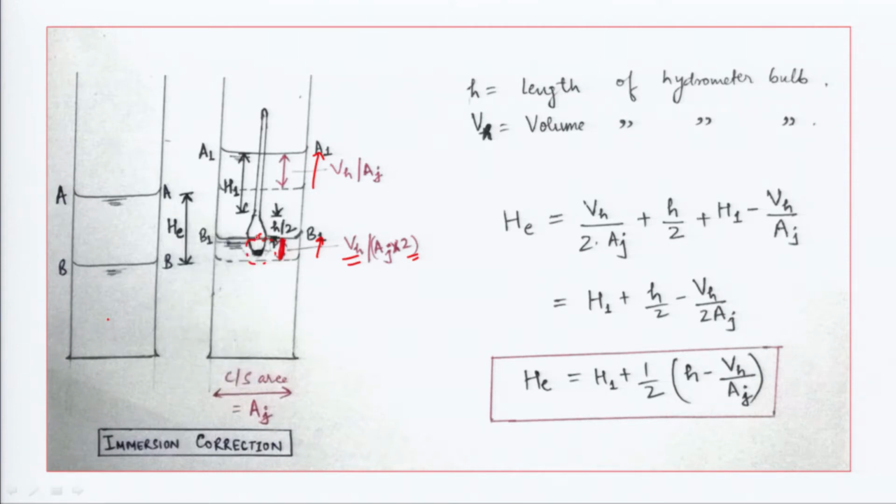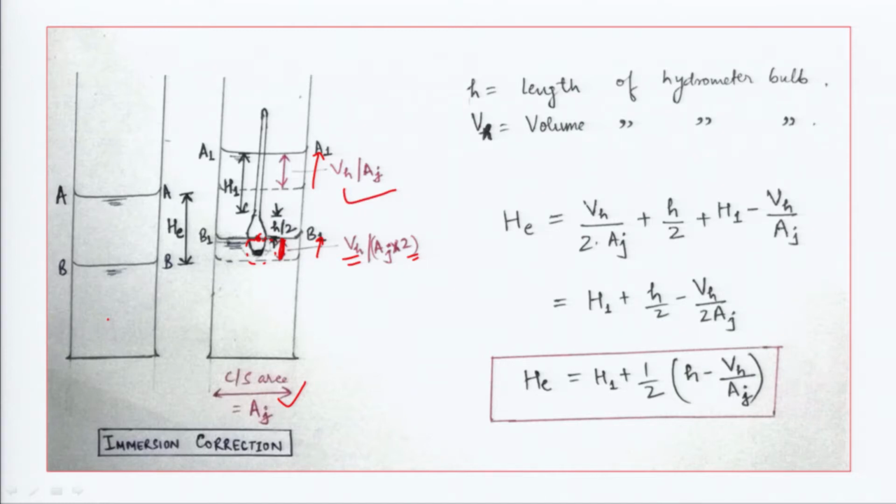and because the center of the bulb is here, this center of the bulb is where the density is being noted. So this is H by 2 and this is H by 2, and the change is Vh upon 2 Aj, where Aj is the cross sectional area of the sedimentation jar, and the rise in this A to A1 section will be slightly this much, Vh upon Aj.